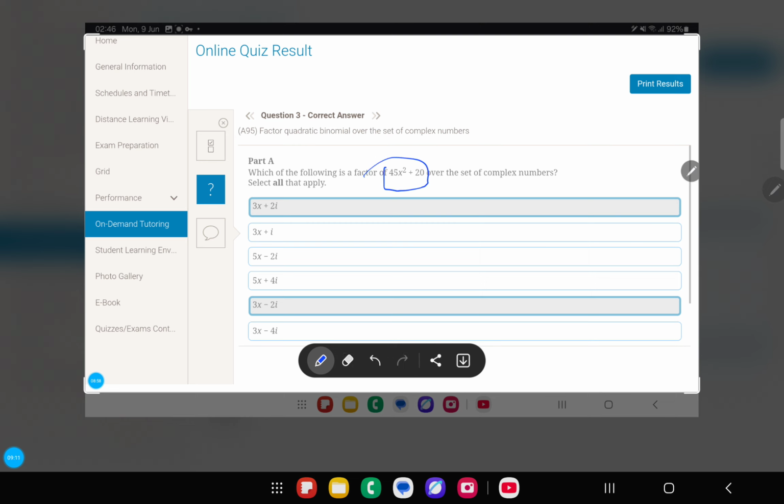So 45x squared plus 20, right? We can factor, sorry, not 9. We can factor 5 out. You get 9x squared plus 4. Okay, now you factor it. Now let's factor this equation even further over the set of complex numbers, right?